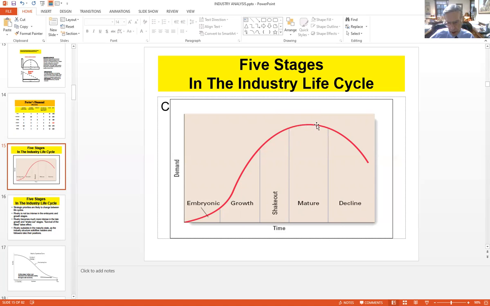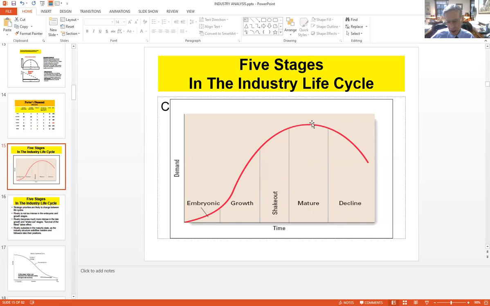Now, after the mature stage, it's possible that the industry will decline because some new industry gets started during this industry's mature stage to substitute for what this industry is offering. On the other hand, if the industry happens to be soap or beer, then there may not be a decline.